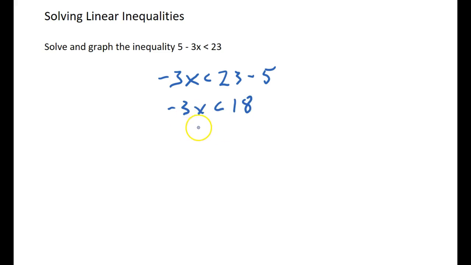And we have to be very careful there. Whenever we multiply or divide by a negative number, that's going to change the direction of our inequality. So I'm going to divide by -3, and now I get positive x is greater than -6. Okay, on a number line, that looks like this.